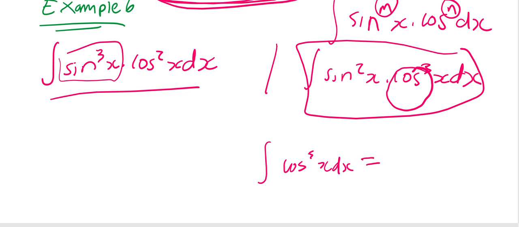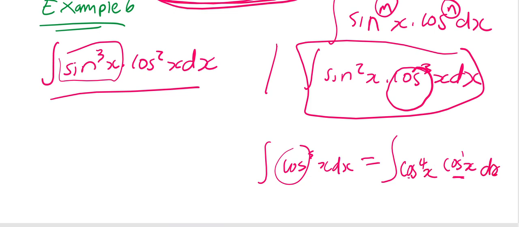We split it into an odd part and an even part. The odd part has the power of 1, so cos x to the power of 1, and the even part is whatever remains such that multiplied together they give cos to the power of 5. That's cos to the power of 4x dx.